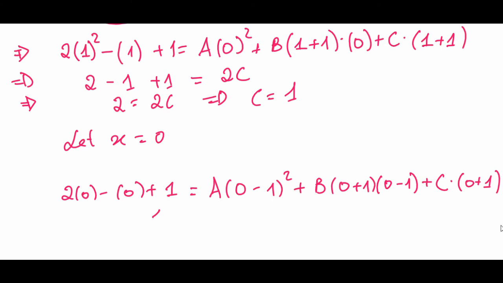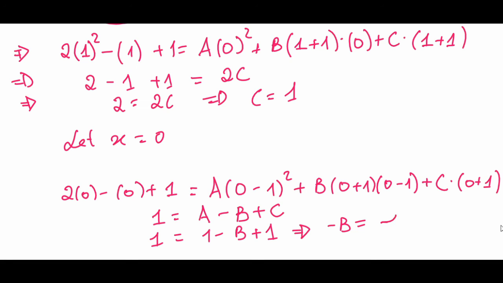So here I will obtain 1 is equal to a - b + c. a is 1 and c is 1, so I obtain 1 is equal to 1 - b + 1. This implies -b is equal to 1 - 2, so -b is equal to -1. This implies b is equal to 1.